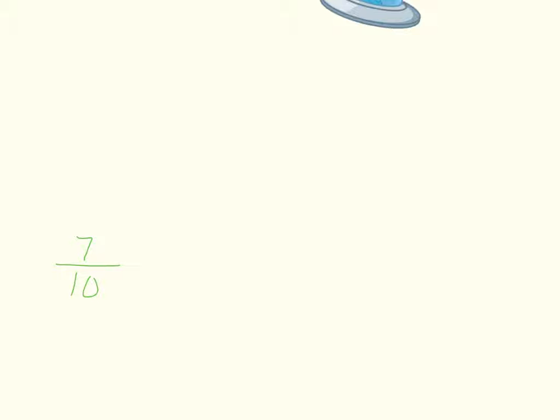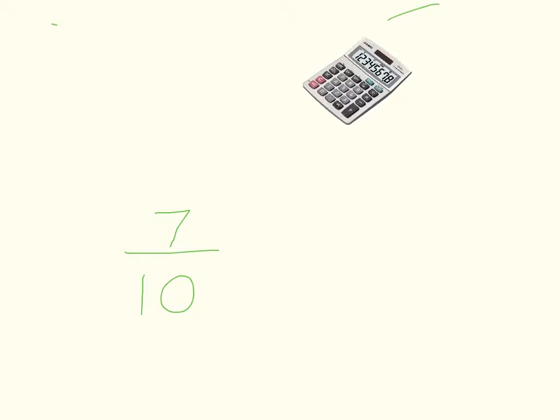You might be asking yourself about now, but which number do I divide into which number? Do I divide 7 divided by 10, or do I divide 10 divided by 7? Well, that's actually a pretty complicated question that I'm going to go ahead and answer in more detail later in the year. But for now, what you're going to do is you're going to grab a calculator.